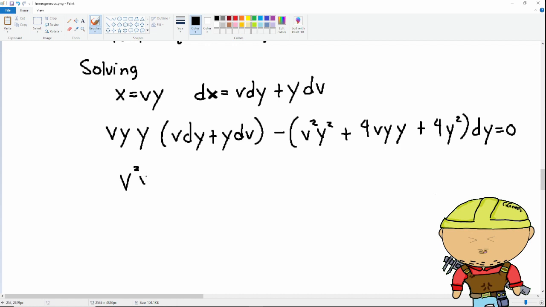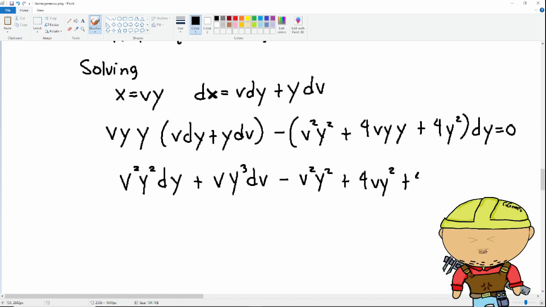This will now become a separable equation. v squared y squared plus v y cubed dv, minus v squared y squared plus 4vy squared plus 4y squared dy.